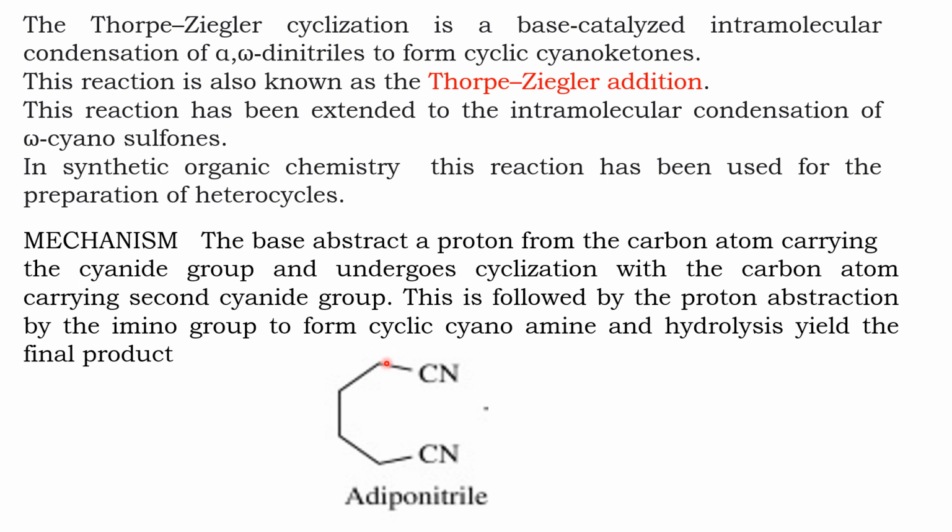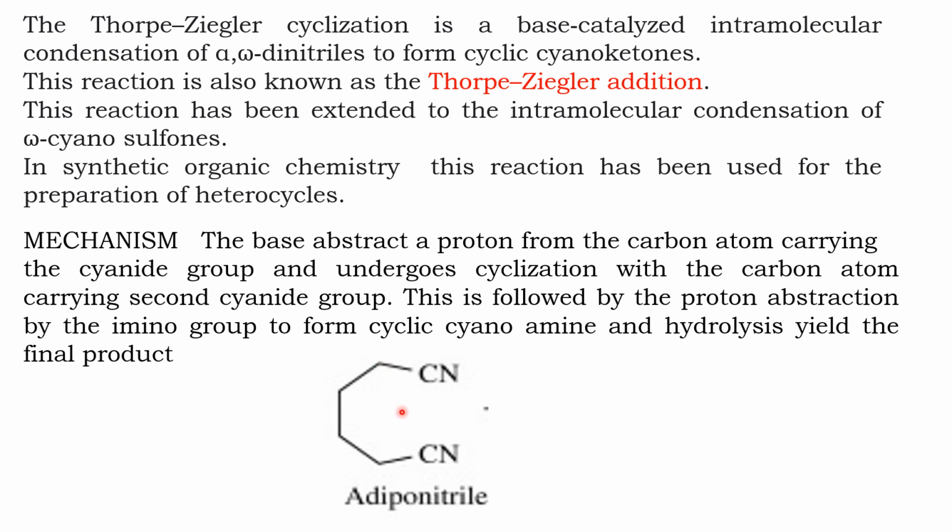The base will abstract H plus from the carbon atom carrying the cyanide group. Now here we have a negative charge. Now take this cyanide group, C triple bond N. N is more electronegative than carbon. So naturally this carbon atom bears a partial positive charge, and nitrogen bears a partial negative charge.